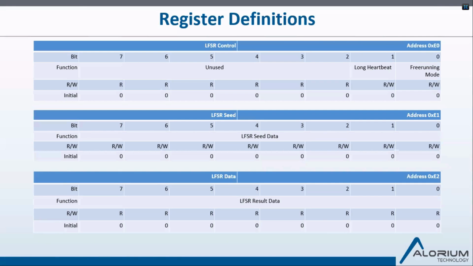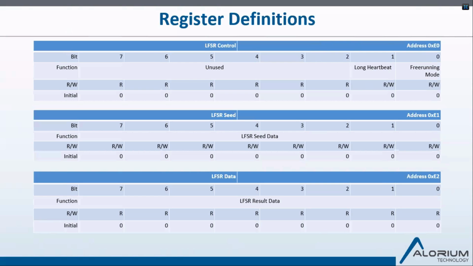So the default behavior for the heartbeat is to toggle every 10 advancements of the LFSR. Now, if the clock is running at its full 16 megahertz, you would never see the heartbeat toggle. That's not very useful.